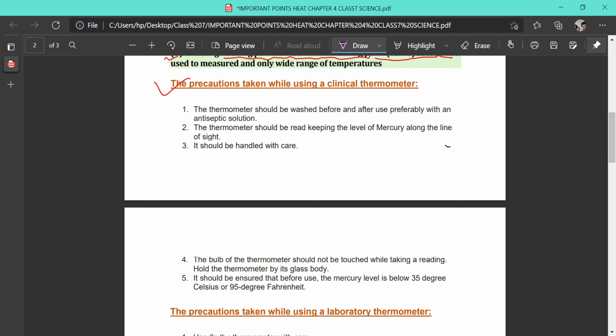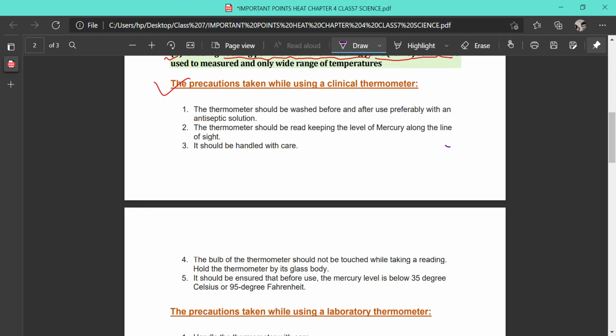When you go to the doctor for a checkup, or you have a fever, the doctor will check your temperature. The doctor will put the thermometer either in your mouth or inside your armpit. He or she may even have checked the temperature of some other patient. So what is that?